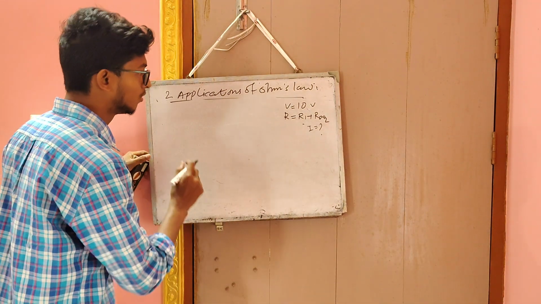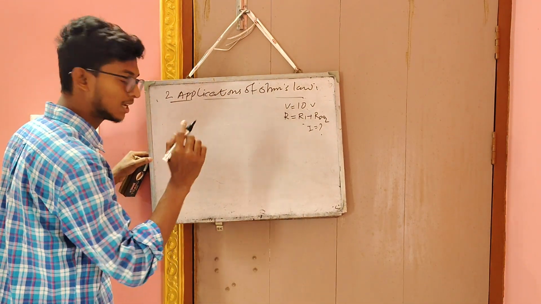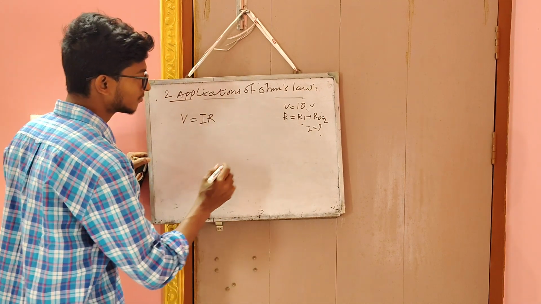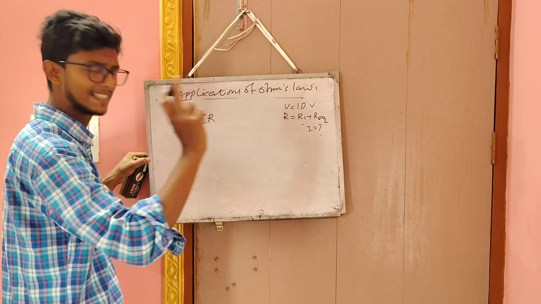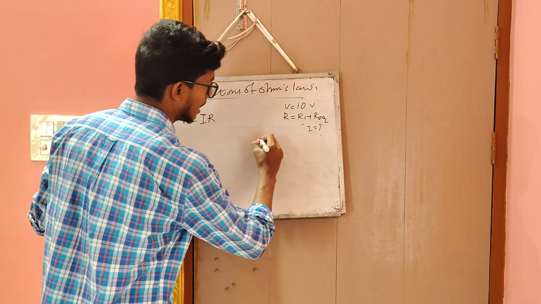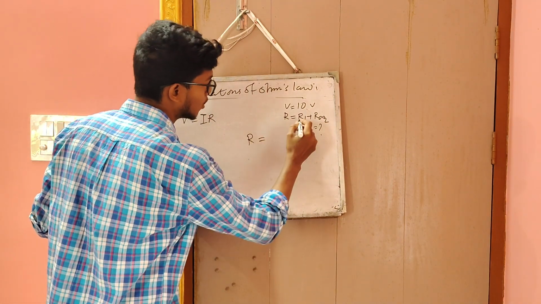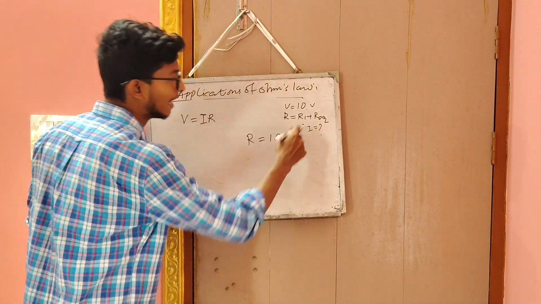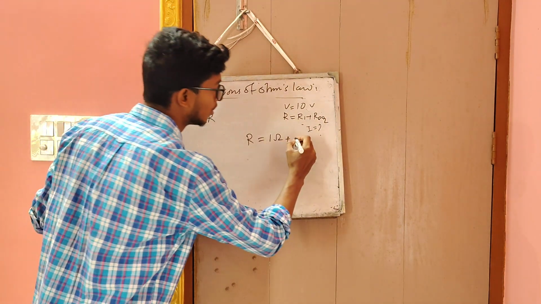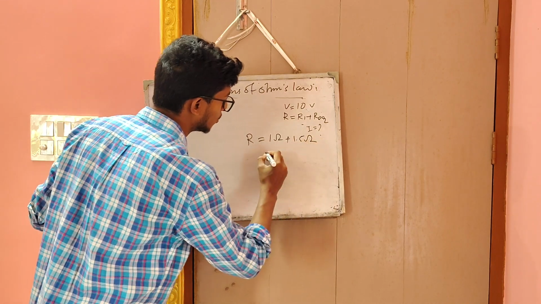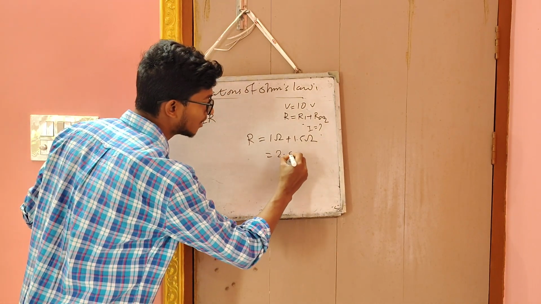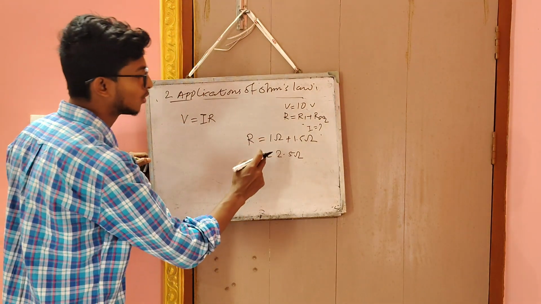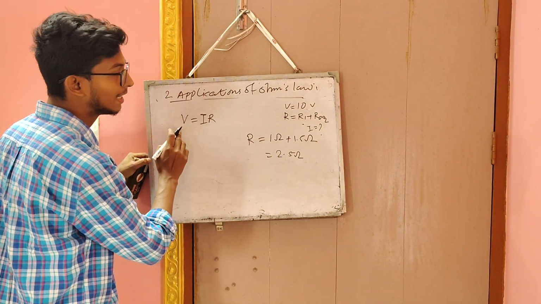From Ohm's law, what is the formula? V is equal to IR. When two resistors are connected in series combination, the equivalent resistance is R is equal to R1 plus R2. R1 is 1 ohm, that is given, and R equivalent we found is 1.5 ohm. So we get 2.5 ohm. So R is equal to 2.5 ohm and voltage is equal to 10 volt.